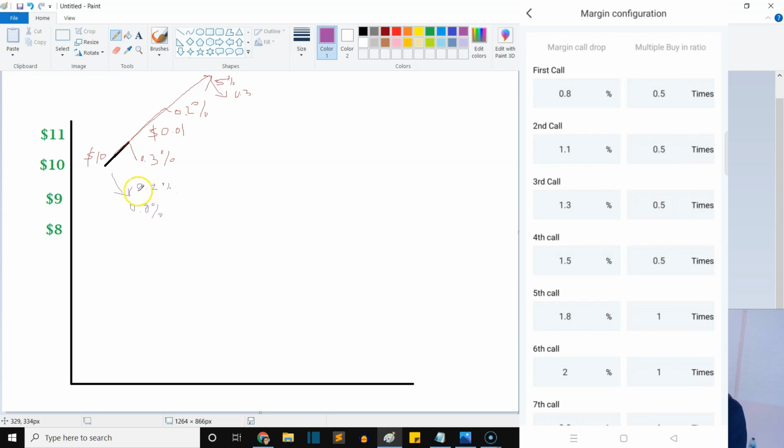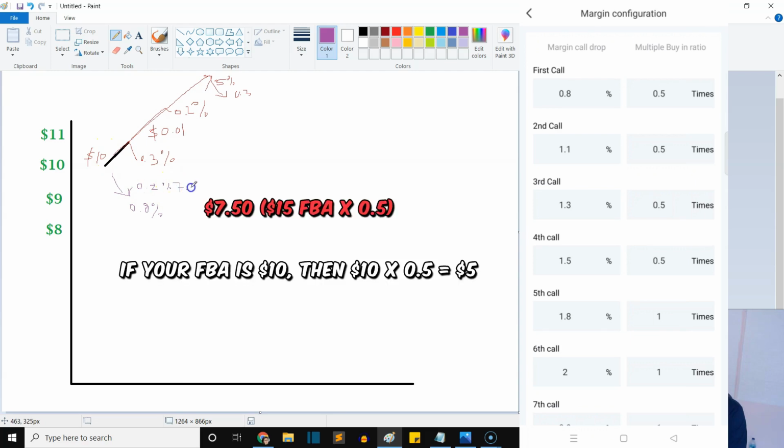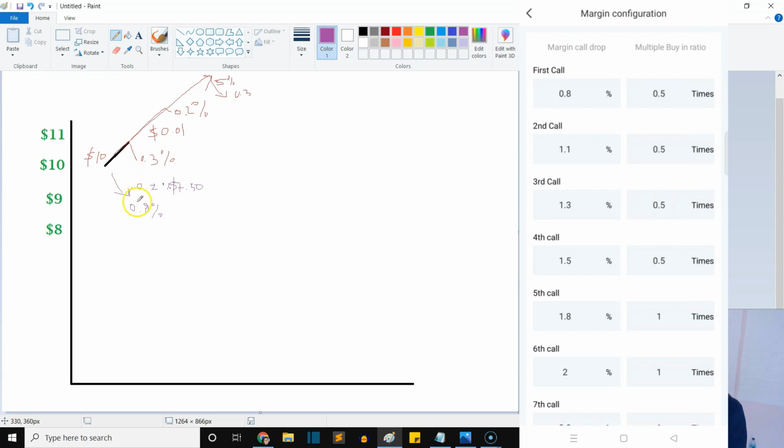So if it goes up a little bit, which is $7.55, correct? You might have this question, Eddie, why you need to wait until it goes up a little bit by 0.2%? The reason is here. What if the market keeps dropping?